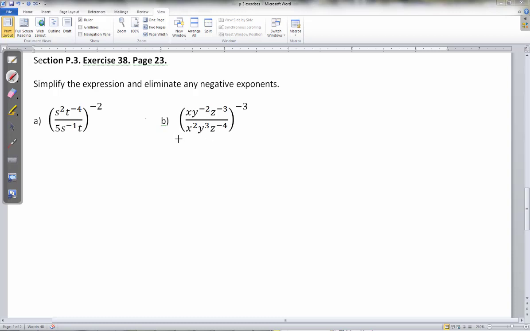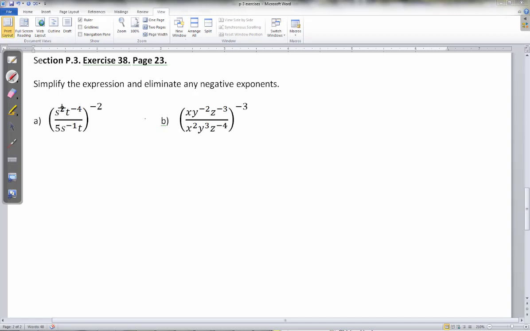But honestly, I did that in the last problem, and I find it's usually a bit quicker if I simplify whatever I can inside first and then do the distribution. Your mileage may vary. If you prefer the other way, you're certainly welcome to. I just find as a general rule it's a little easier if I simplify first.